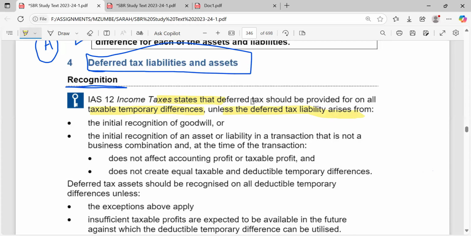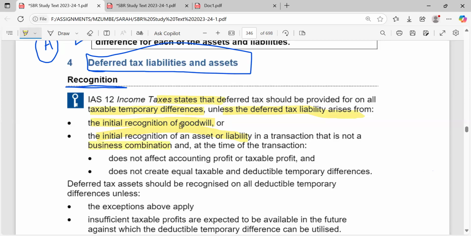That's why we say unless it arises from initial recognition of goodwill. Of course, for goodwill, you won't recognize that, right? On initial recognition, you base on IFRS 3 business combinations, and you get that goodwill. So upon initial recognition, you should record it, or the initial recognition of an asset or liability other than goodwill, it could be any other asset or liability in a transaction that is not a business combination.